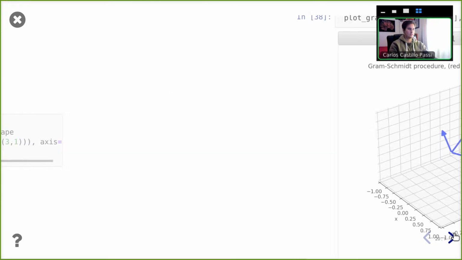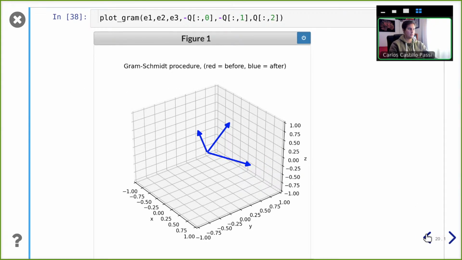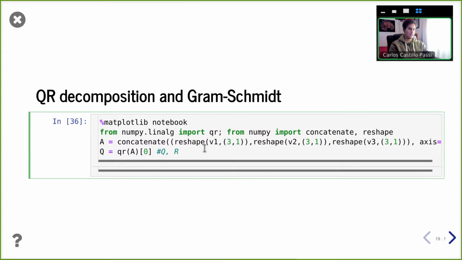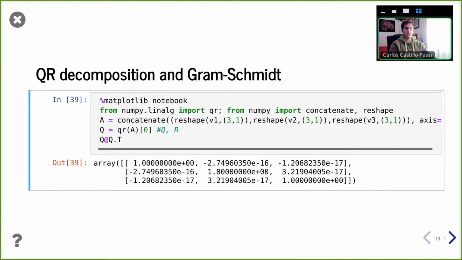We can look at this maybe here. If we do Q dot Q transpose, we can see here that we have 1s in the diagonal, and these very, very tiny numbers are basically 0. Okay, if you have something that is lower than 10 to the minus 15, it's basically 0 to a computer.